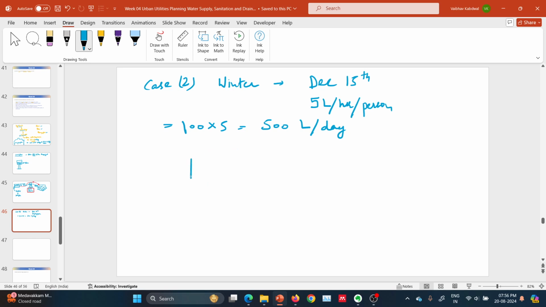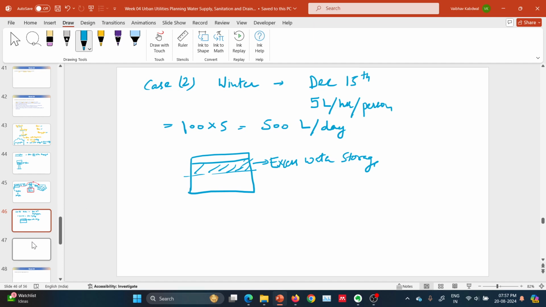So we should have a capacity to store the excess water. Excess water storage. The capacity of the service reservoir can be calculated with the help of the mass curve method.